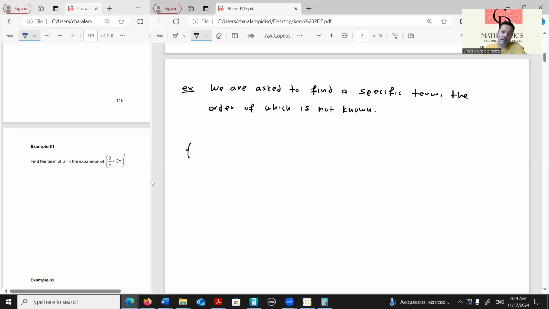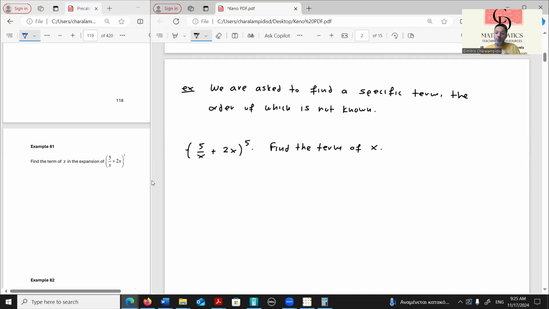We have 5/x plus 2x to the power of 5, and we are asked to find the term of x, the term that contains x. What's the difference here?